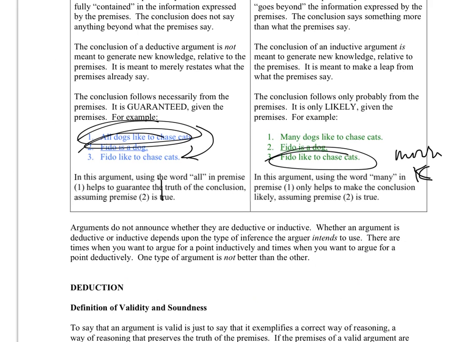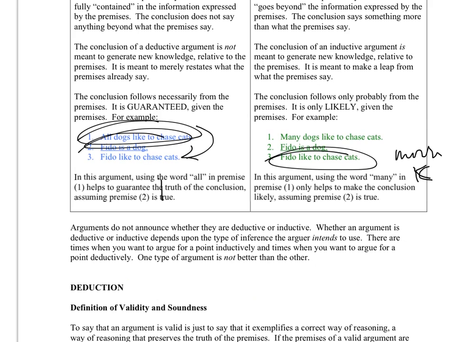As the lecture notes go on to say, one type of argument isn't better than another. It's really a function of what you want to accomplish, kind of like the difference between a screwdriver and a hammer. Depending on what you need to do, one tool is going to be more useful than the other. And that's basically what these are.